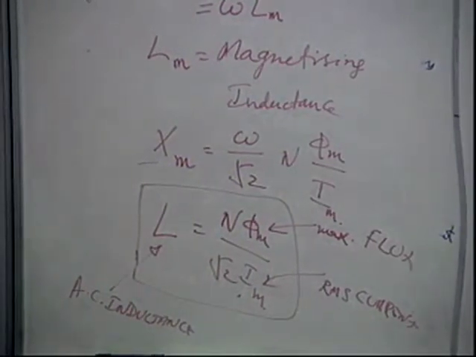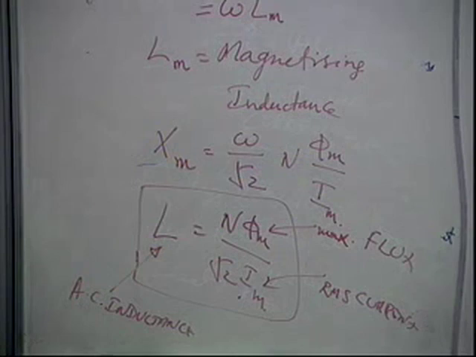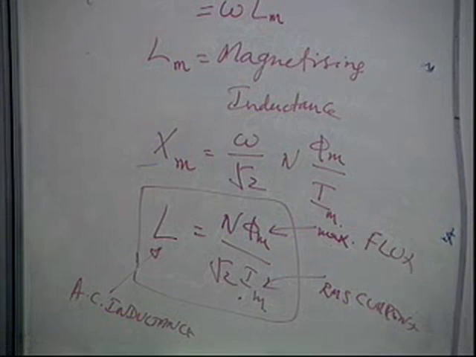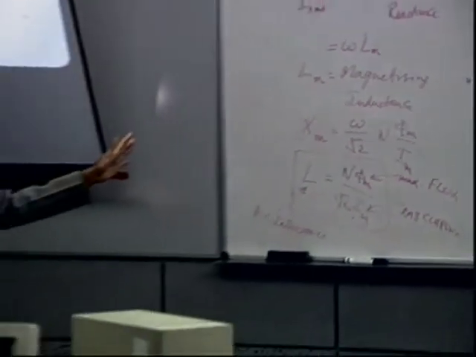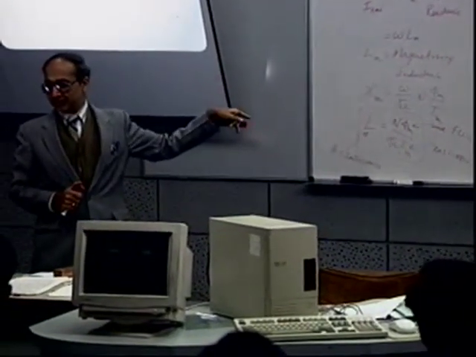Why are you saying that E RMS by I RMS is reactance? Can't it have a resistor component? We have neglected all resistances here; let's come back to resistance later. It's an ideal situation in AC where there is no resistance in the winding. So your coil works as a pure inductor because that is producing the flux.